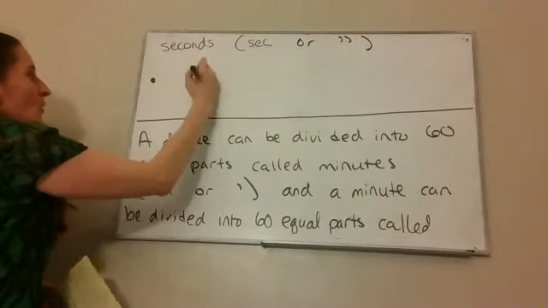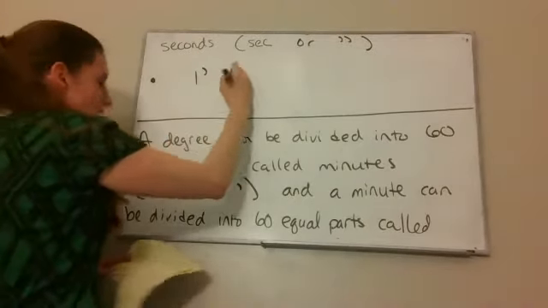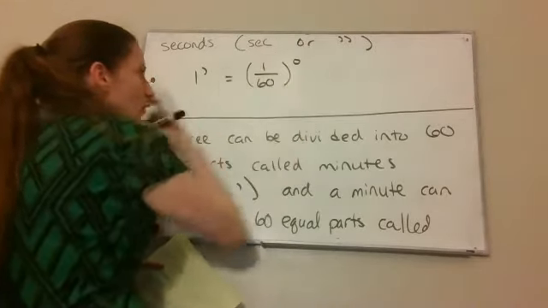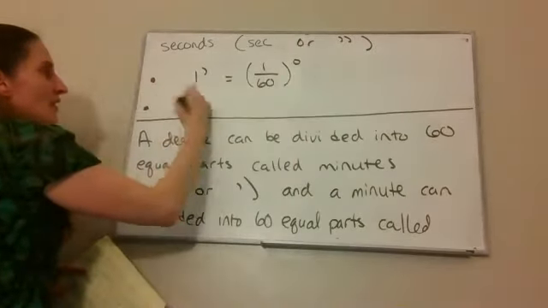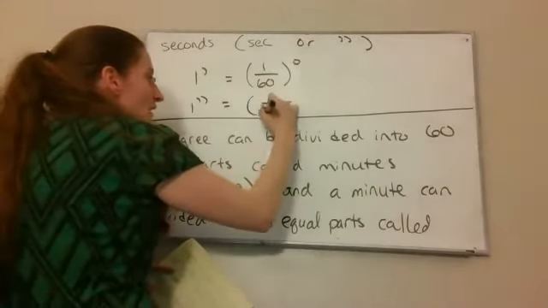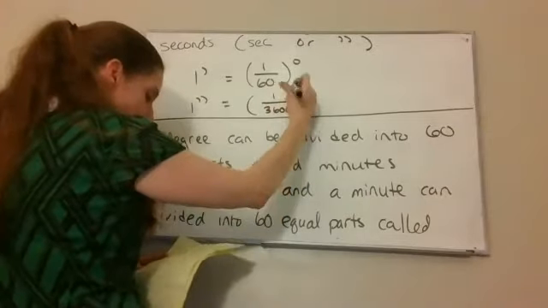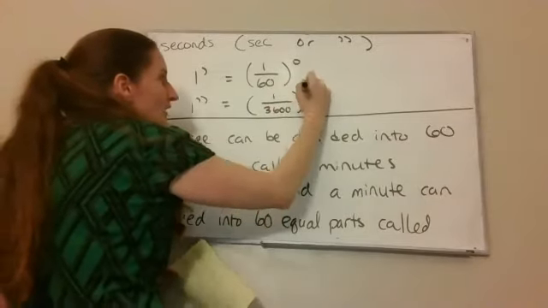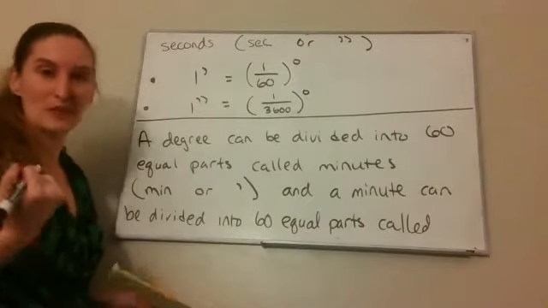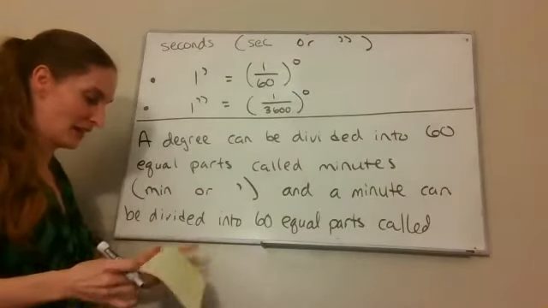So we know that 1 minute equals 1/60th of a degree, and 1 second is equal to 1/3600th of a degree. Those are our conversion factors to go from degrees to minutes and seconds.